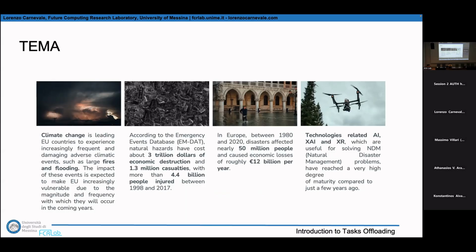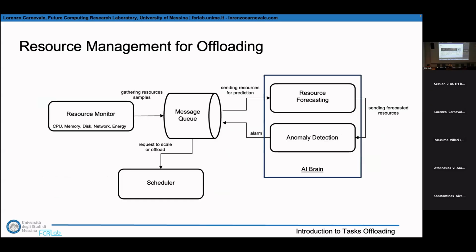In the TEMA platform, we have a compute continuum solution that is able to run artificial intelligence models, but also interesting virtual reality applications that the first responders, so firefighters, civil protection, Red Cross, and everyone, can use in order to improve the quality of their work.